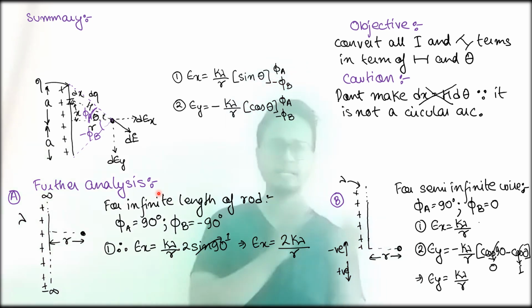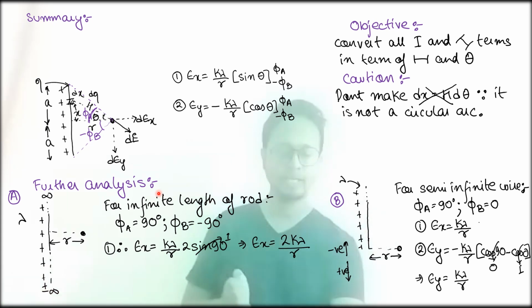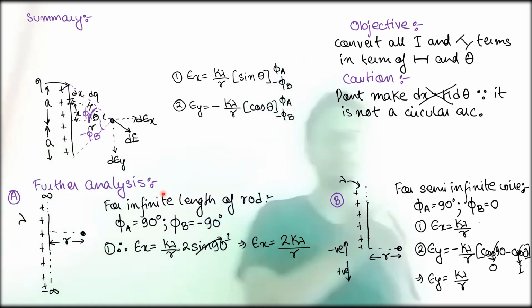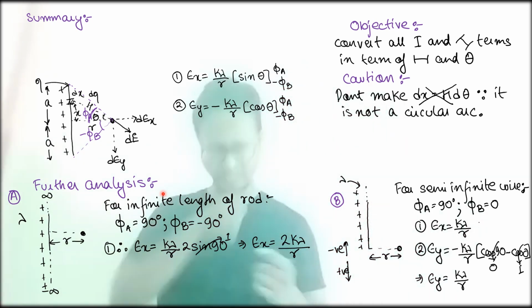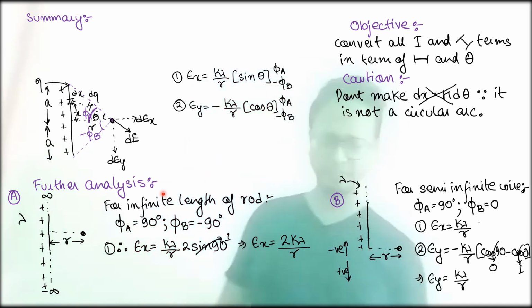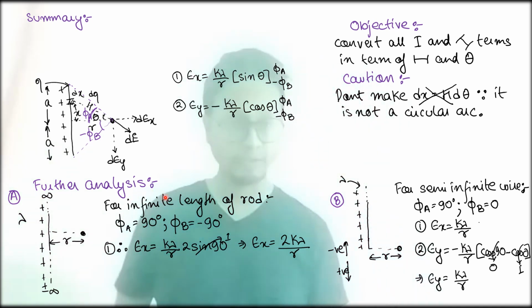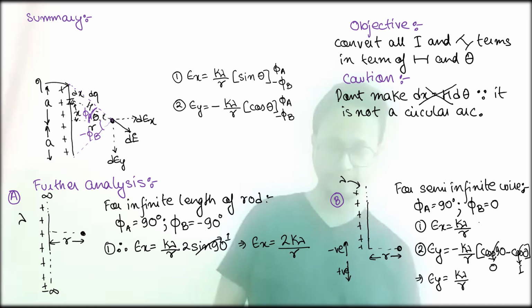Whenever you come across a question with a very long rod, that means they have taken the length as infinity. If the length is not given, you have to assume the length of the rod to be infinity.